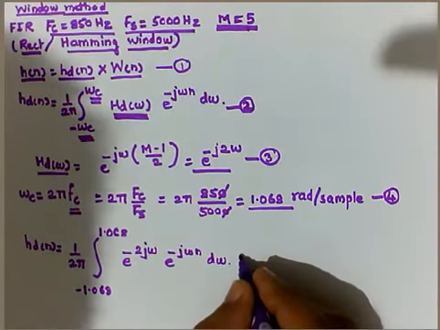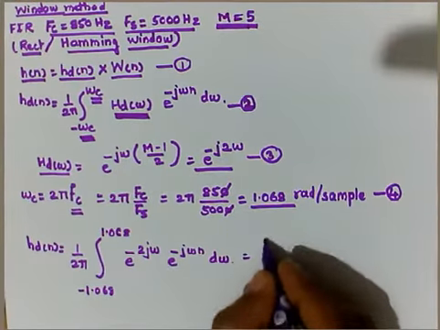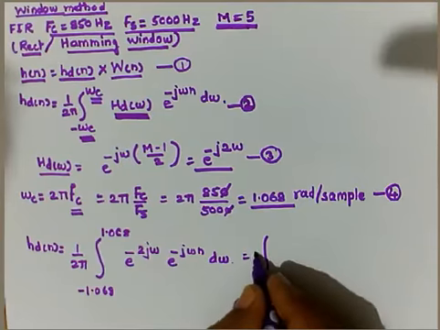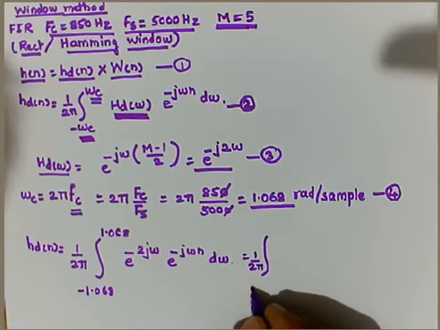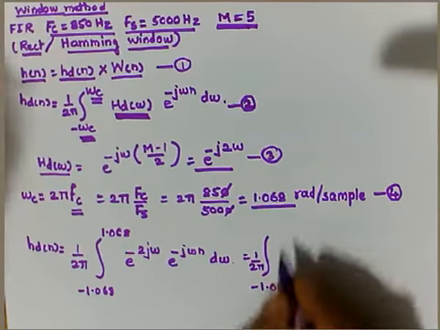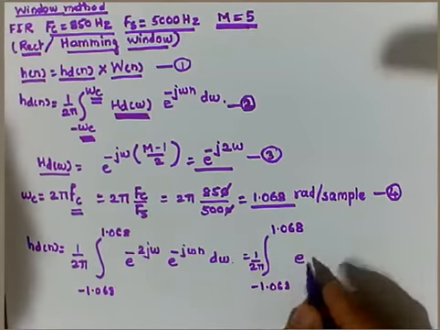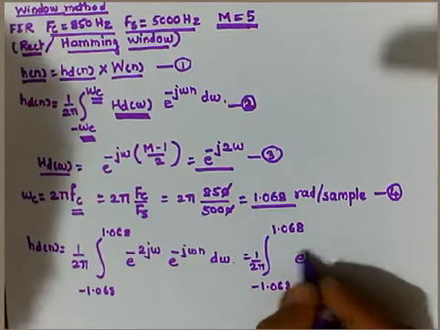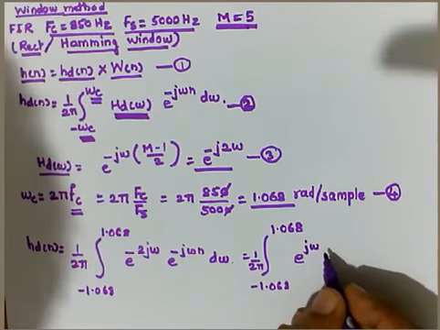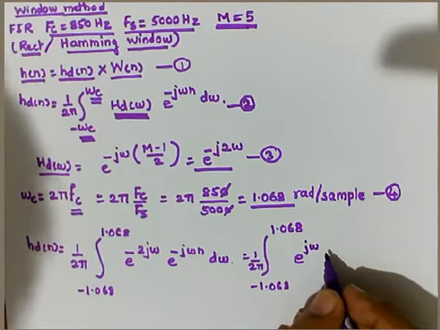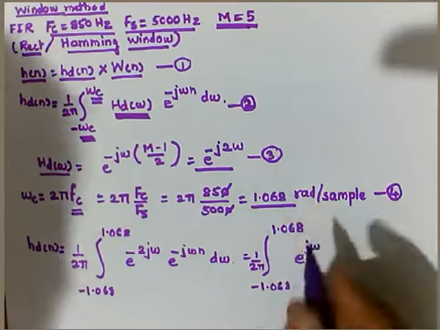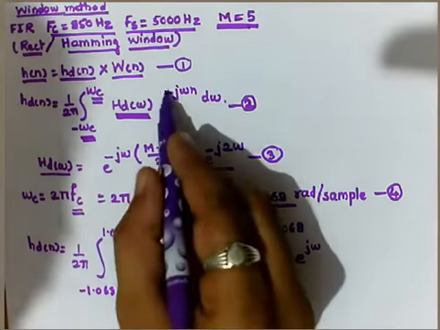Now let's simplify it further. So it will be 1 upon 2 pi integral from minus 1.068 to plus 1.068 of e raised to j omega, this is actually plus.